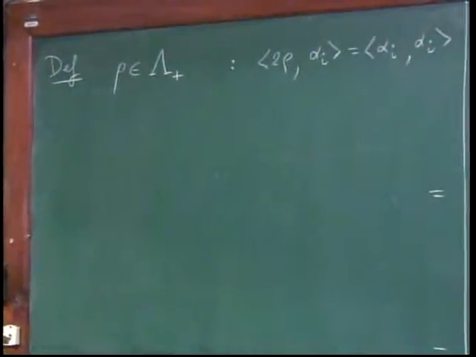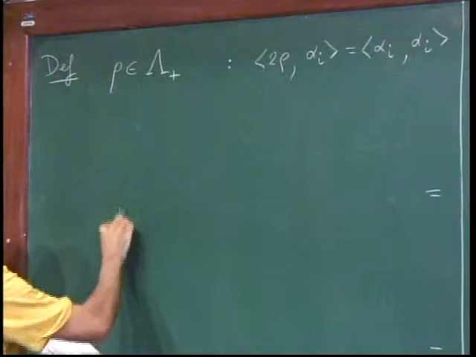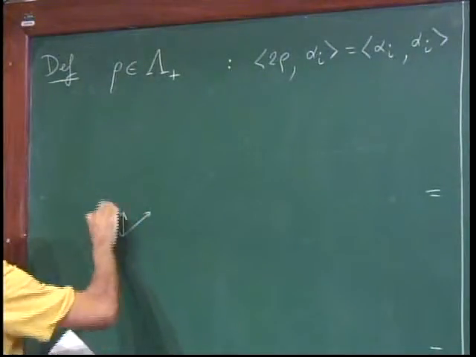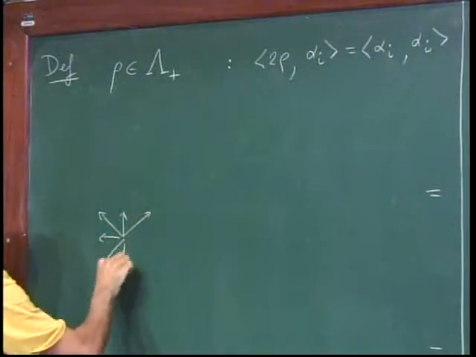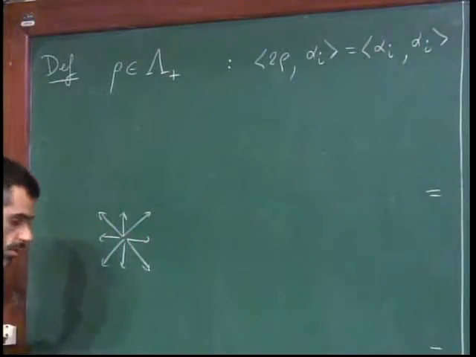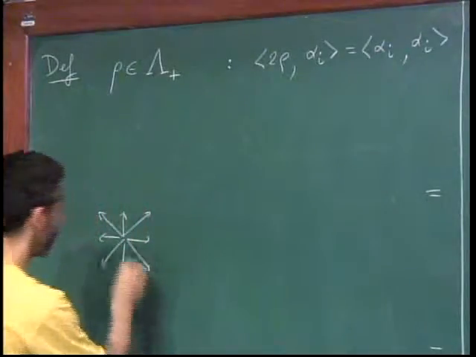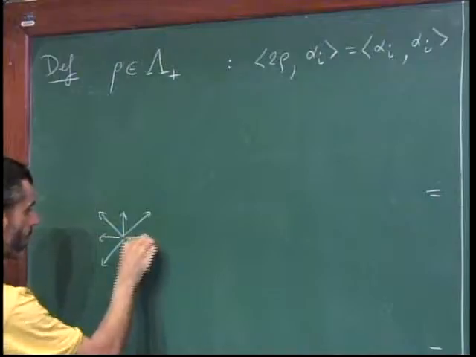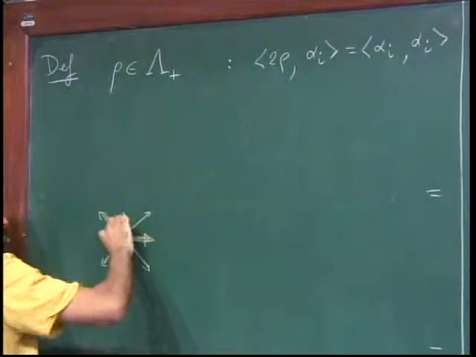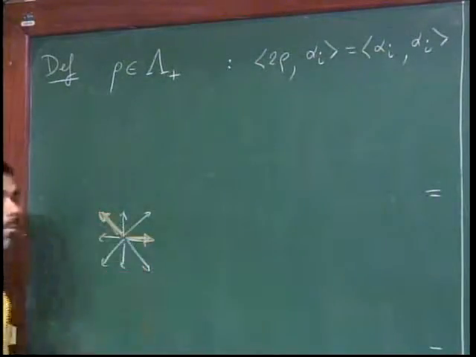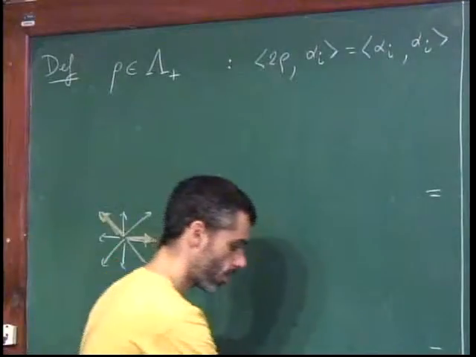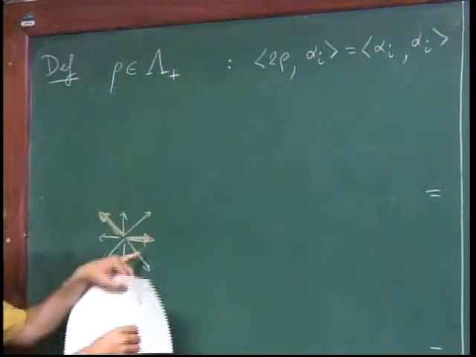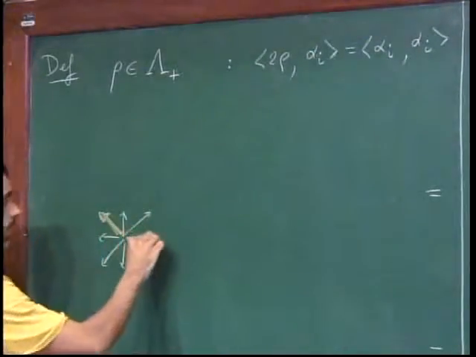Let me give you an example of how this happens. I'll do it in type B2. This is the root system. I've drawn all the roots. And let me say that this is one of the simple roots, and that's the other simple root. So what I'm saying is, well, draw a perpendicular onto that vector.